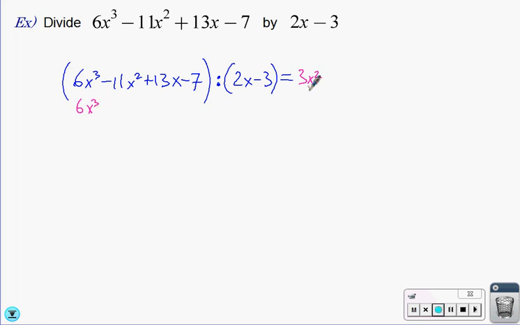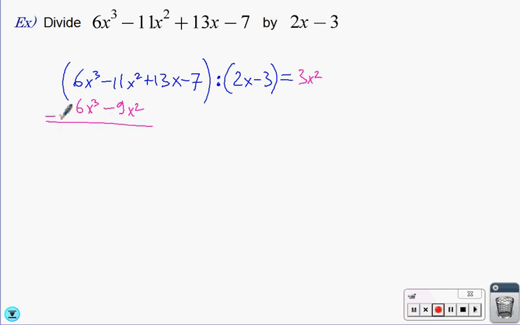But when you write 3x squared in here, you multiply it by 2x, and you also need to multiply it by minus 3. 3 times minus 3 will be minus 9x squared. After we multiply, it is time to subtract them.